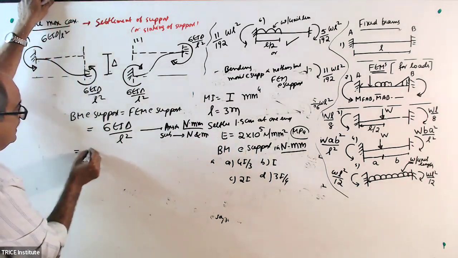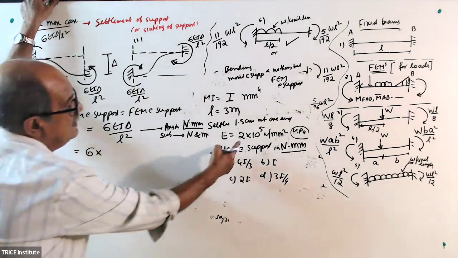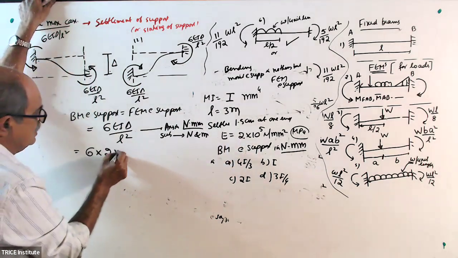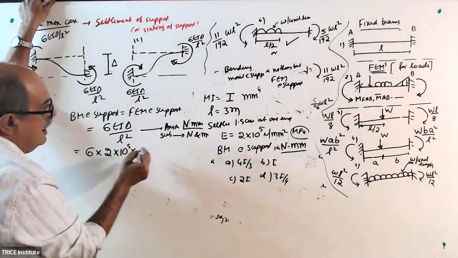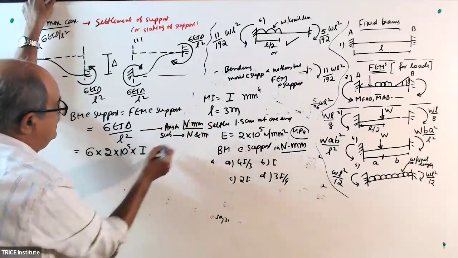So the answer is 6 into E. E they told 2 into 10 to the power 5. I they told I only.